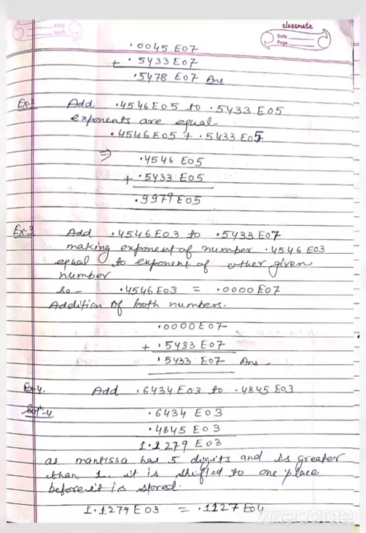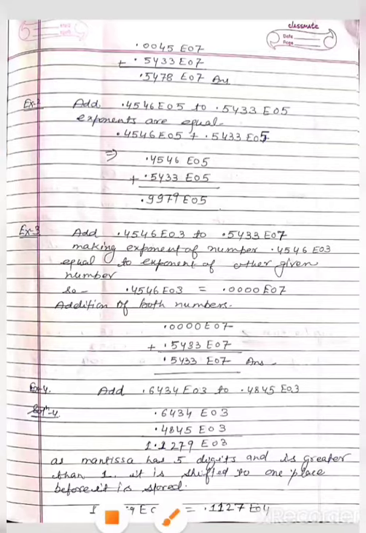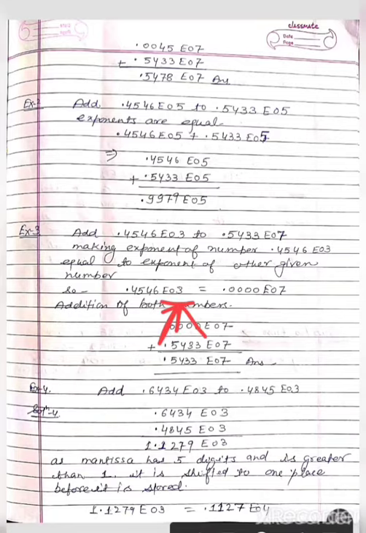The first number's exponent is 03 and the second number's exponent is 07.